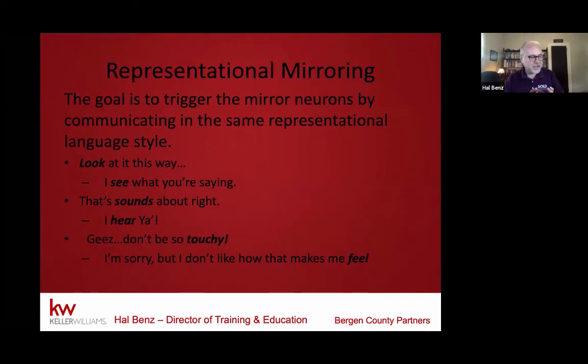When somebody says something in one pattern and we respond back in a different pattern, it actually causes a mismatch that causes distance, that causes a sense of disconnect. When someone says something like, it just doesn't sound right to me, and you say, well, let me show you what I mean, then we've responded to someone who's expressing an auditory communication with a visual communication.